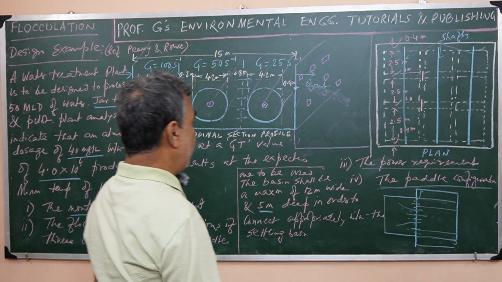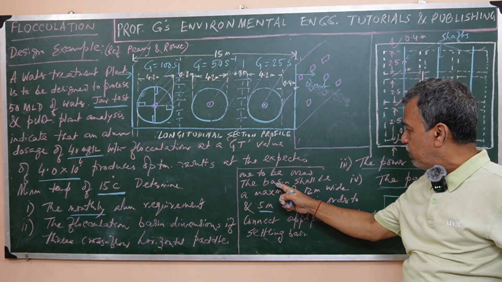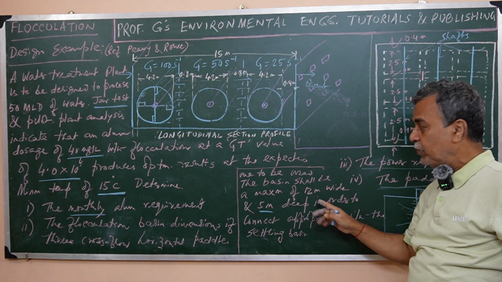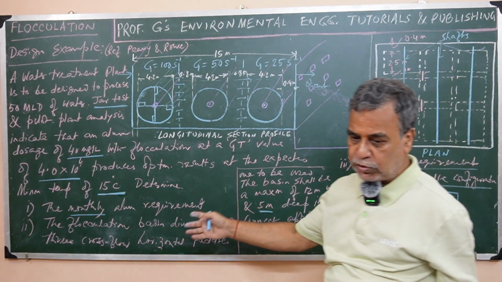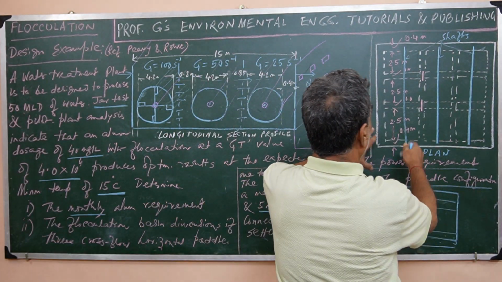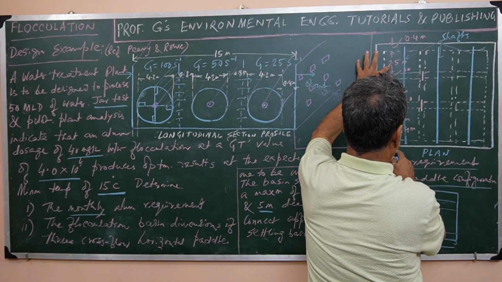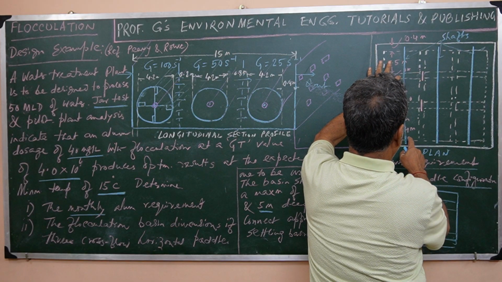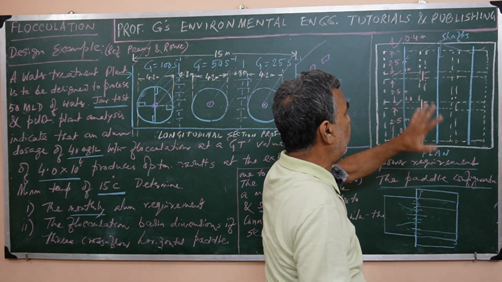And 12 meter maximum, it is written, just please note it, that here it is written the basin shall be a maximum of 12 meter wide. So it must not be more than that. So as per calculations, which we are coming to later, we will see the width is becoming 10.3 or so, because this is 7.5, then it is 1, so 9.5, and this is 0.4, so this will be 10.3 or so. 10.3 will be the width.